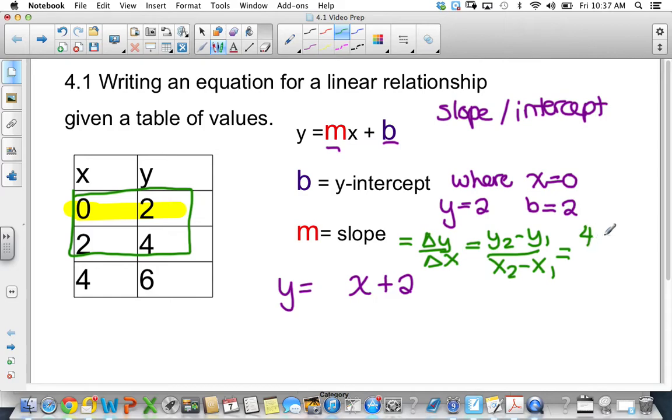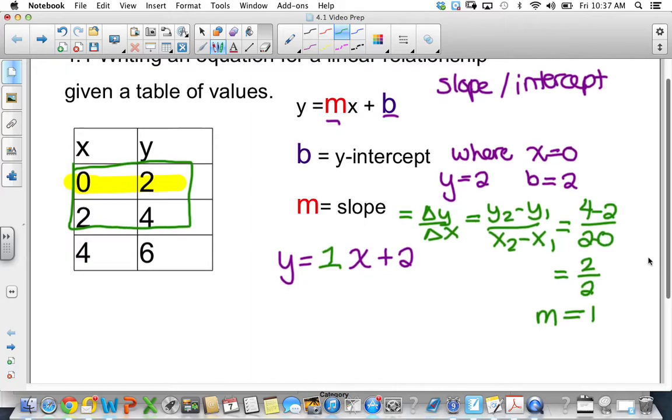So that's the change in the y values. Over, because I started with the 4, I need to start with this 2. 2 minus 0. So the slope becomes, that's 2 minus 0, 2 over 2, which is 1. So the slope is 1. And you're going to plug it into the equation here at 1.